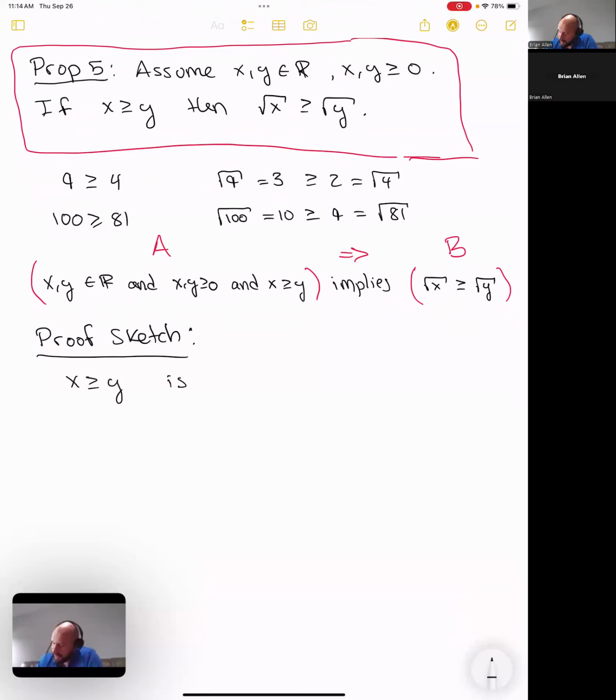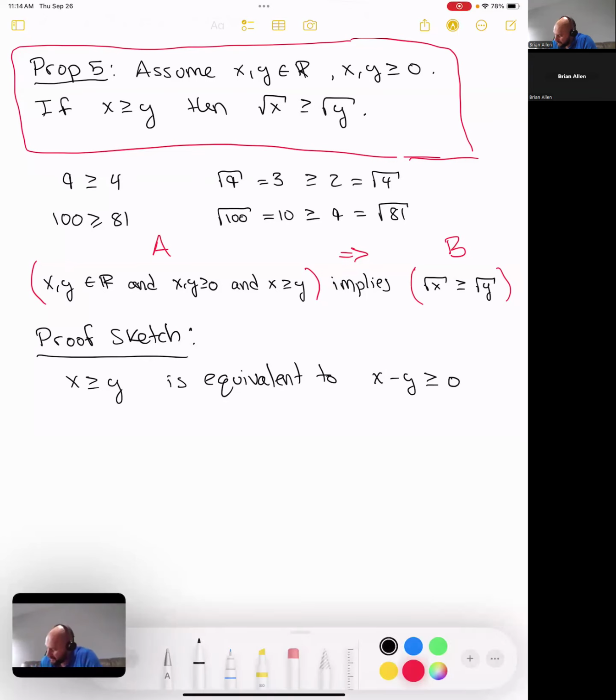Notice that this is equivalent to saying that x minus y is bigger than 0. It's helpful to bring the y to the other side just because now I have something to try to do algebra on.